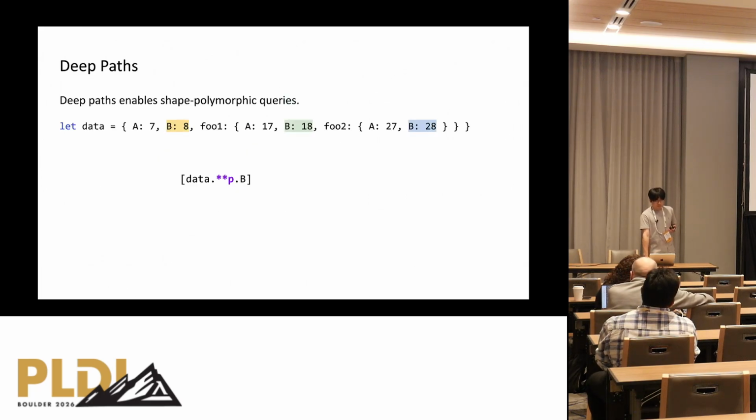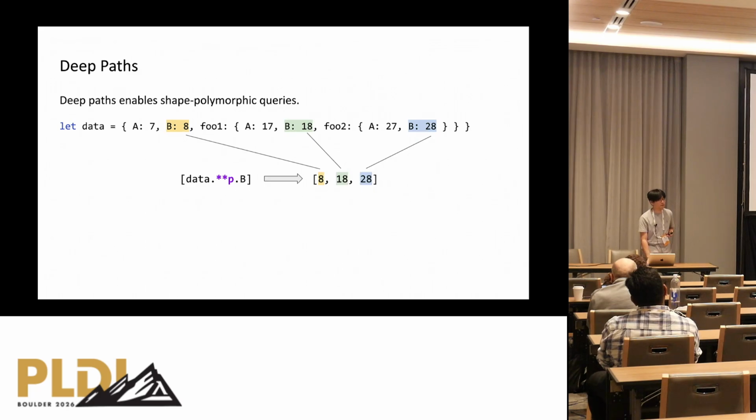And we also support deep path. So when using the normal generator, we kind of have to know the shape of the data. Like we have to know how many nested levels there are, but we can use this deep path, which is a special kind of generator, to express shape-polymorphic queries. For example, for the data here, we have the field B in different nested levels, and we can just write data dot double asterisk P dot B to access all the B values in different nested levels.